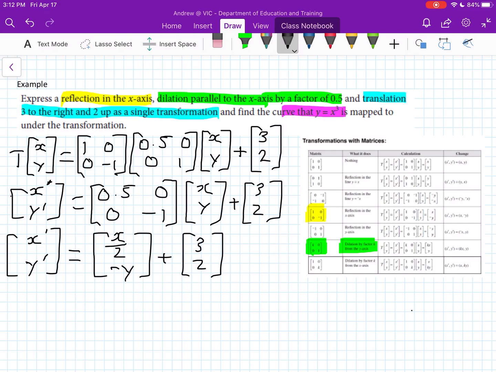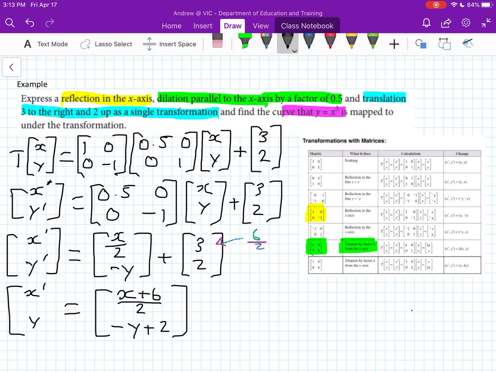Just remember, whenever you're adding fractions, they need to have the same denominator, so this 3 becomes 6 on 2. Make sure you do that when you are putting them together. This will then come down to x plus 6 on 2, and then negative y plus 2. Remember, this is your x dash, y dash.